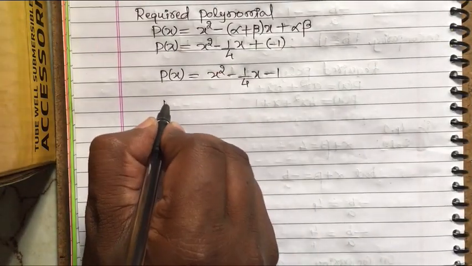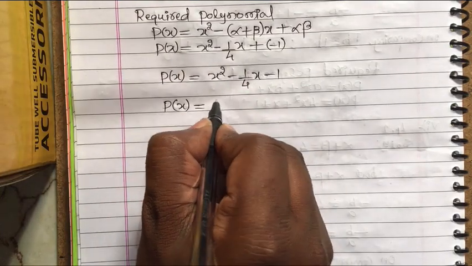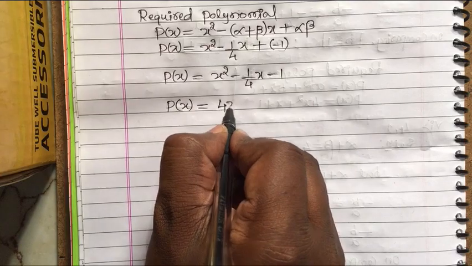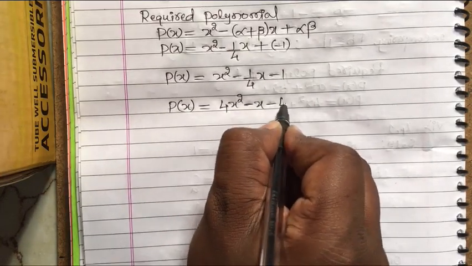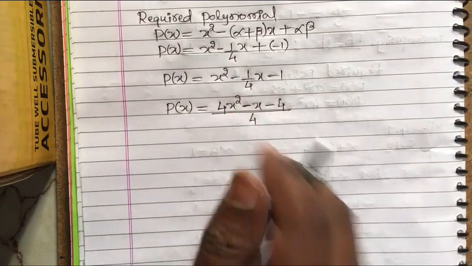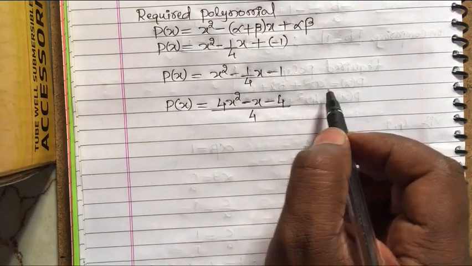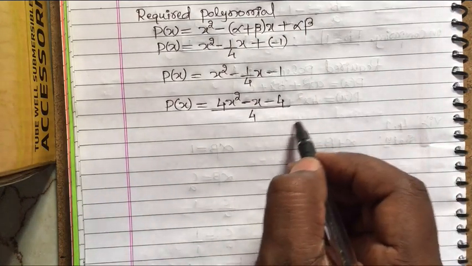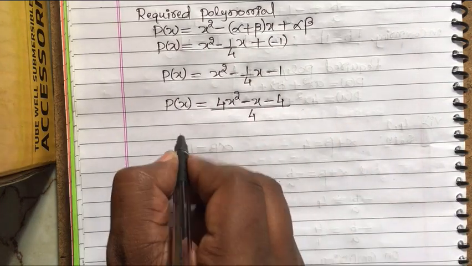So now here take up the LCM. P of x is equal to 4 multiplied with x square, we get 4x square minus x minus 4, whole divided by 4. Since we are talking about zeros, if you equate p of x with 0, then take this 4 to the RHS, it will be multiplied with 0. 0 into 4 is 0.